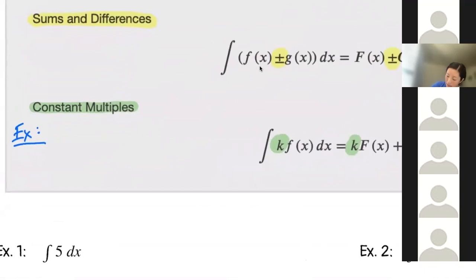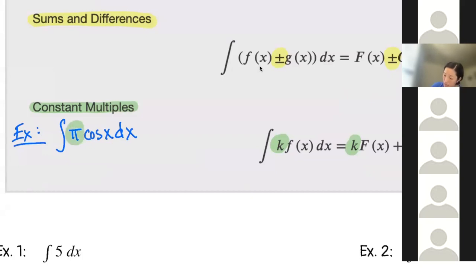So let's say that you had an integral of pi cosine x dx. What's my k value here? What's the constant that I'm multiplying in? Yeah, it's that pi.